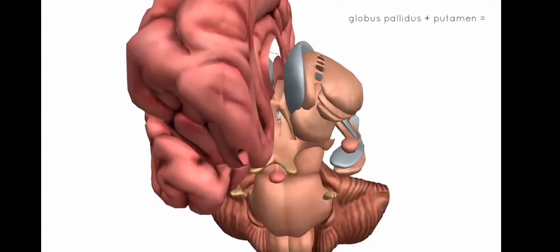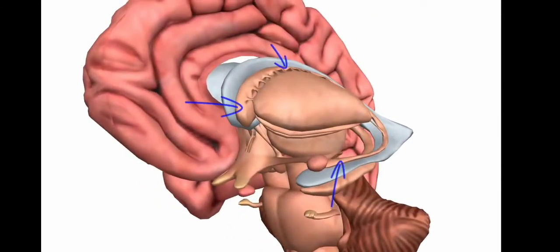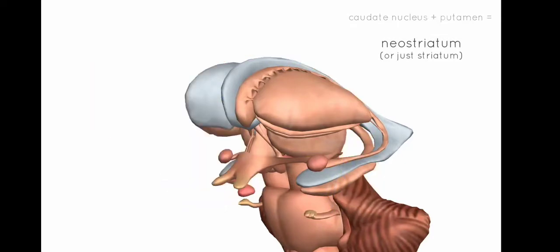Now together, the globus pallidus and the putamen are called the lentiform nucleus. And this is the caudate nucleus, what I told. And putamen and caudate nucleus together are called the neostriatum.